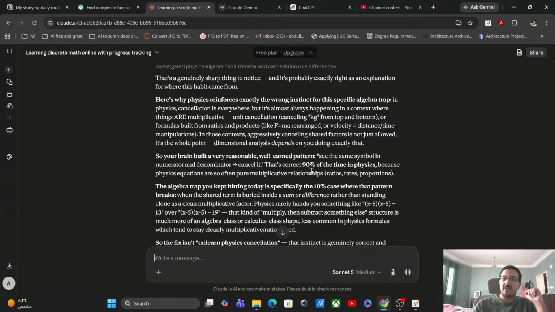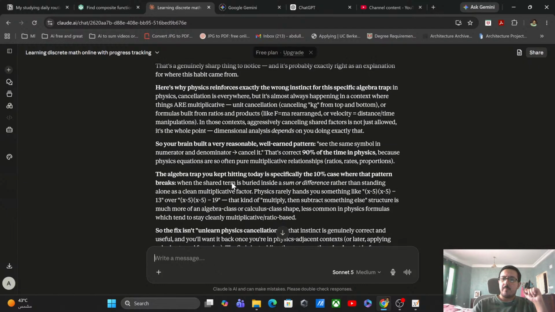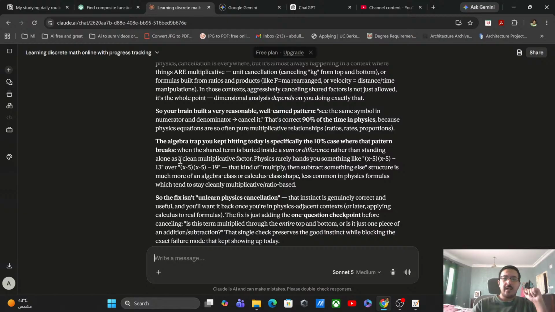That's correct 90% of the time in physics because physics equations are so often pure multiplicative relationships: ratios, rates, proportions. The algebra trap you kept hitting today is specifically the 10% case where that pattern breaks, when the shared term is buried inside a sum or difference rather than standing alone as a clean multiplier.